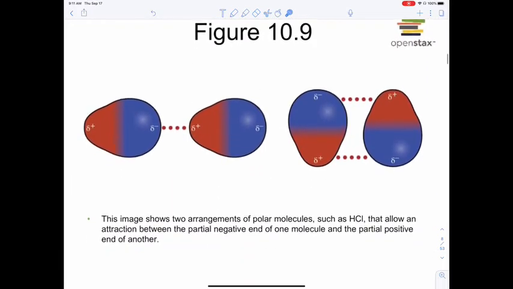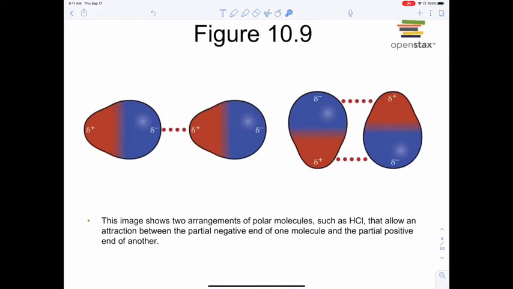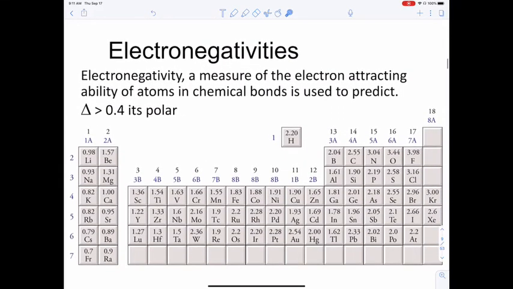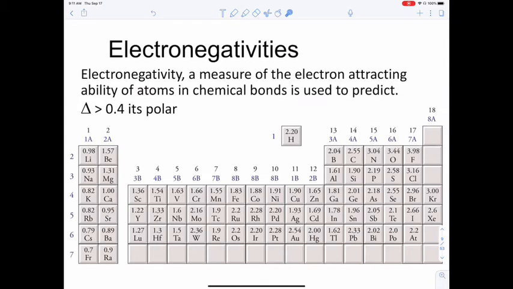And so if you look at two polar molecules such as HCl, there's a positive end and a negative end, and they're going to be attracted to their opposite charge. For a polar molecule, that is relatively simple. So how do we know? Well, we have this table of electronegativities, the periodic table.